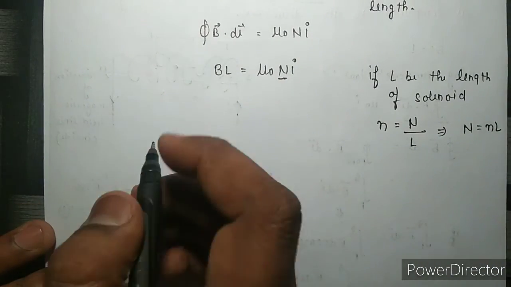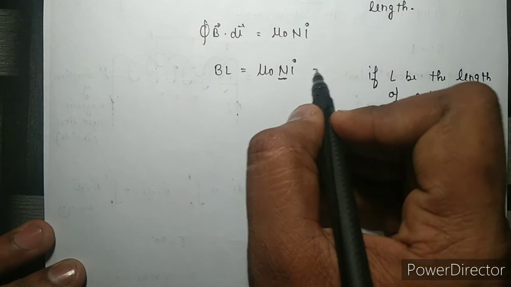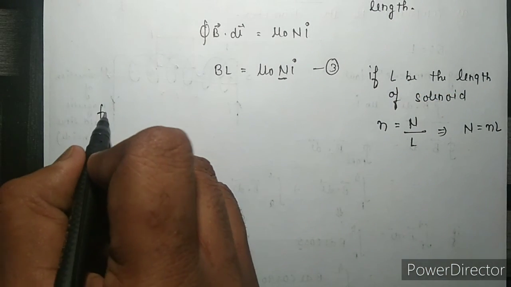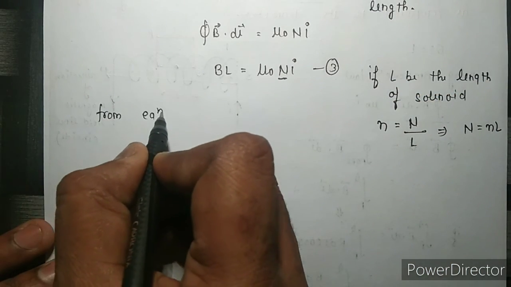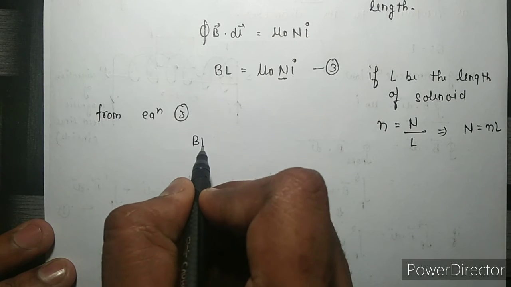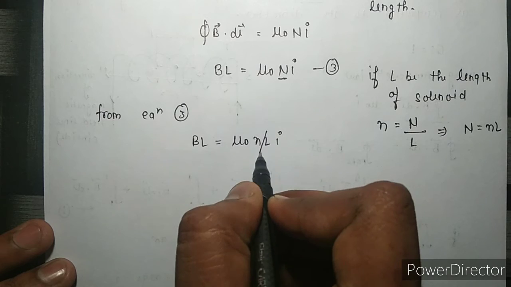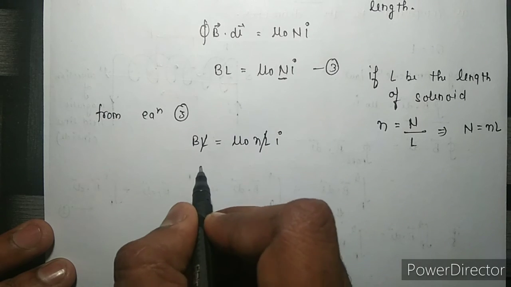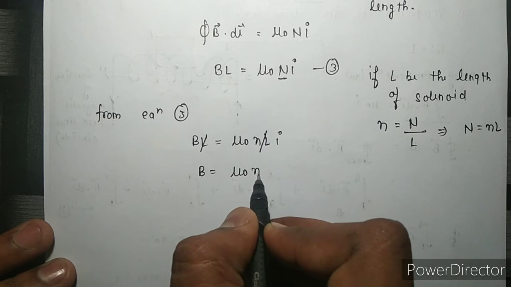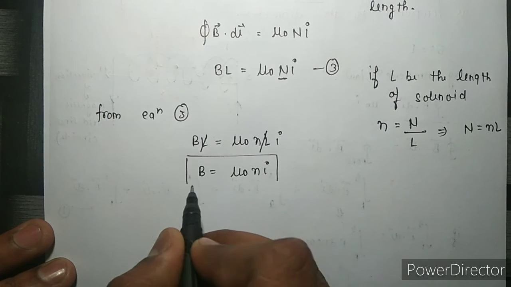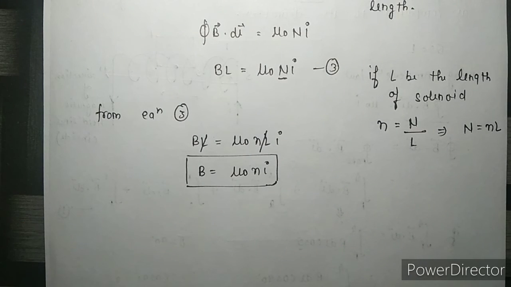Using this in equation 3, BL equals mu naught n L I, and L cancels out, so B equals mu naught n I. This is the required result for the magnetic field due to a solenoid.